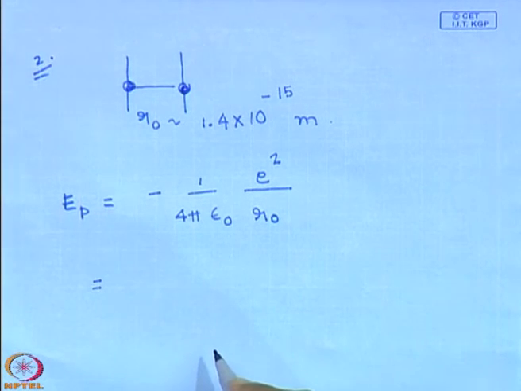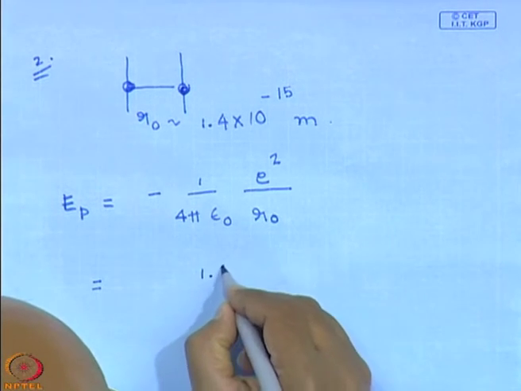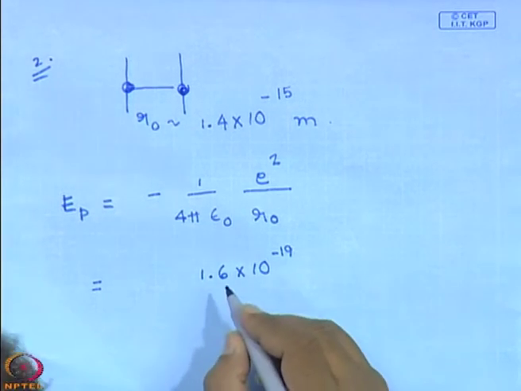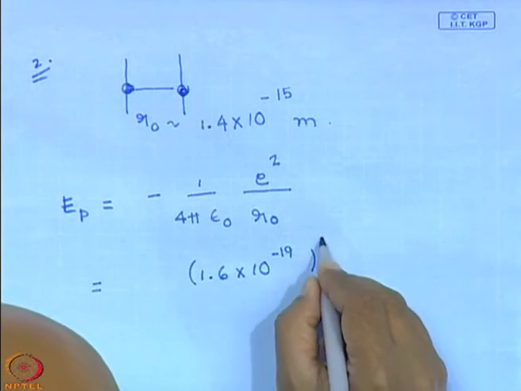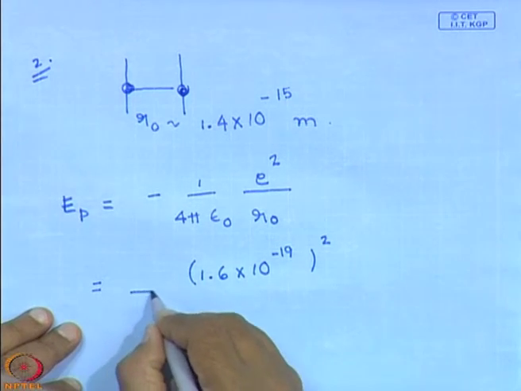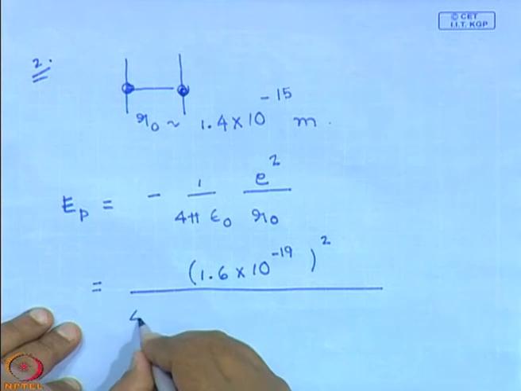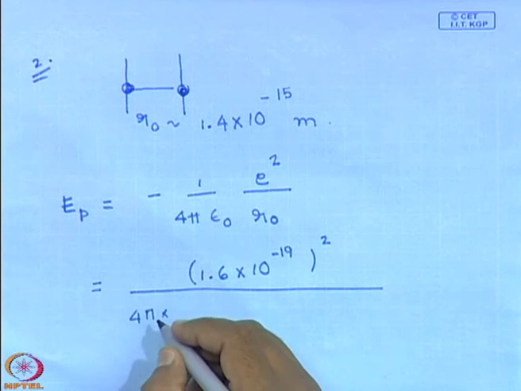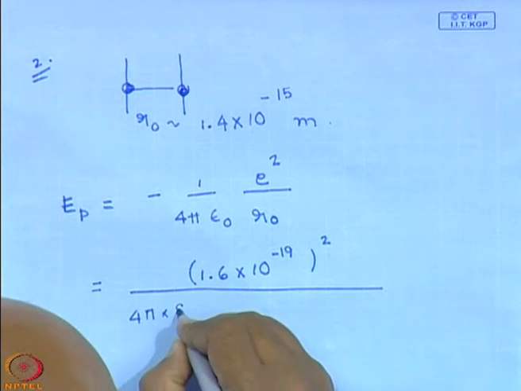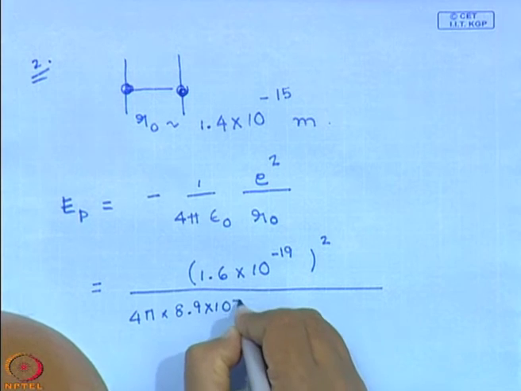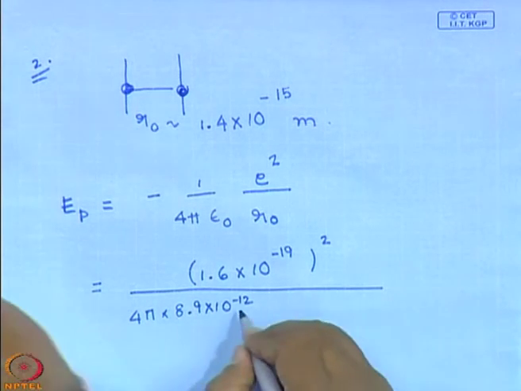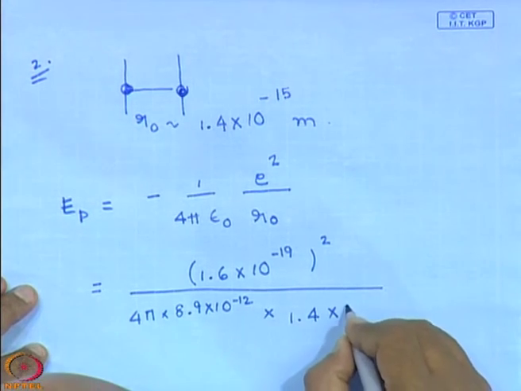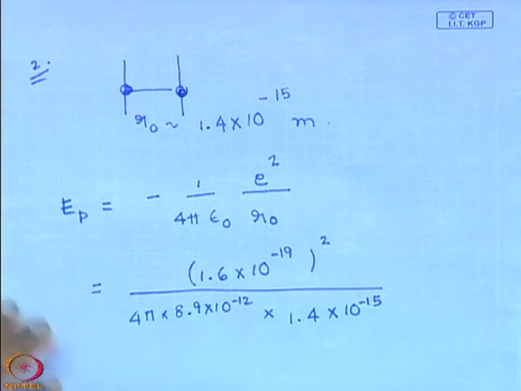We have 1.6 into 10 to the power minus 19, that is the charge of the proton, squared, in SI units, so that will be in coulombs, divided by 4 pi into epsilon naught, which has a value 8.9 into 10 to the power minus 12, into the distance, which is 1.4 into 10 to the power minus 15, all in SI units.